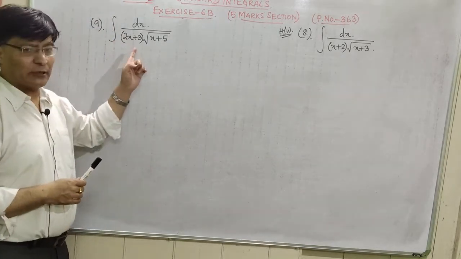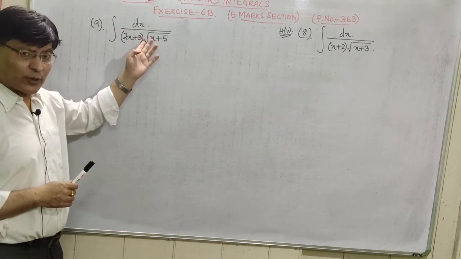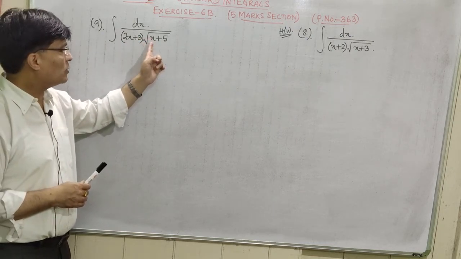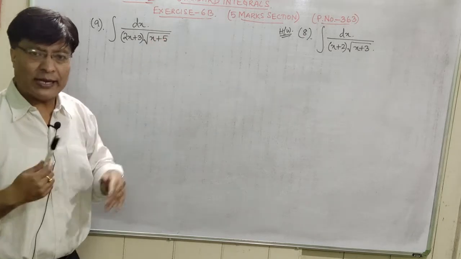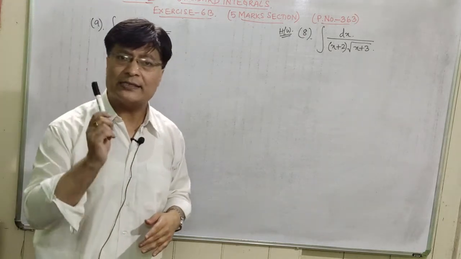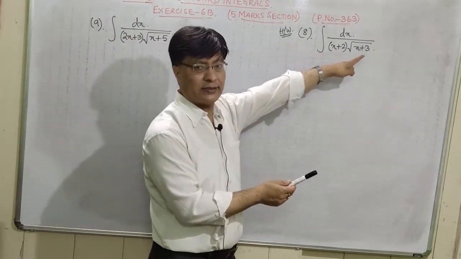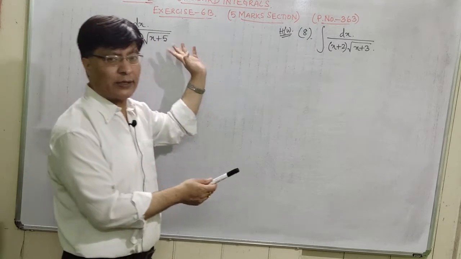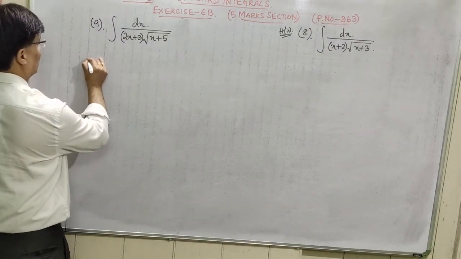This is the first method, because in this case 2x plus 3 is outside the square root, where the power of x is 1, and within the square root also the power of x is 1. Both are linear expressions in x, so you have to assume the expression under the square root as z square. Similar is the method for question number 8, since questions 8 and 9 are of similar type. So let's do question number 9.